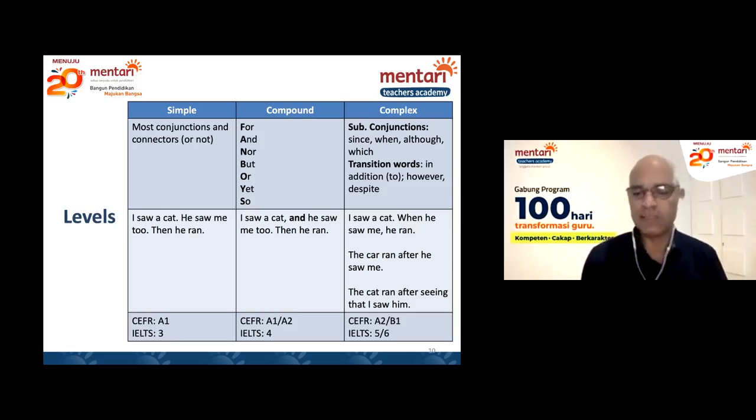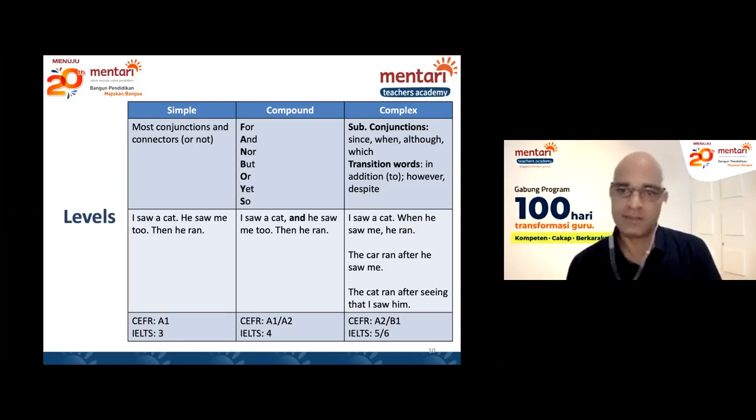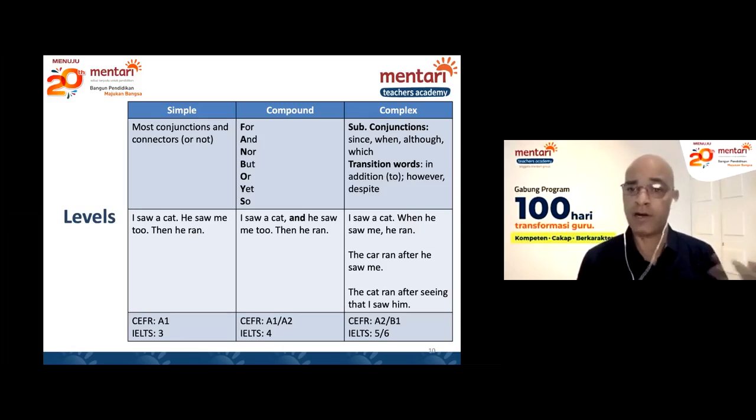So you have a simple sentence, comma, a conjunction, in this case, and then another simple sentence, right? I saw a cat and he saw me too. And when you have complex sentences, then you're using subordinating conjunctions: since, when, although, which, and these include relative pronouns, conjunctions themselves, referring to time, contrast, etc. And you also have transition words: in addition to, however, despite. These are only a few of many, right?